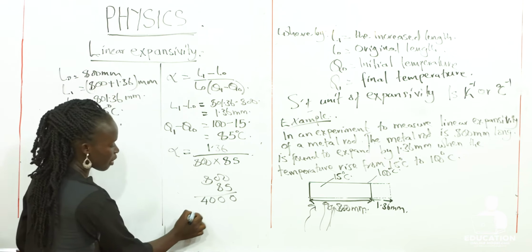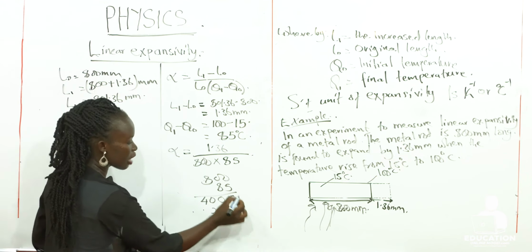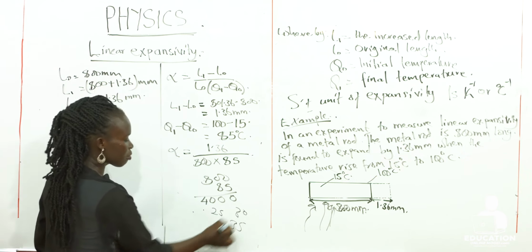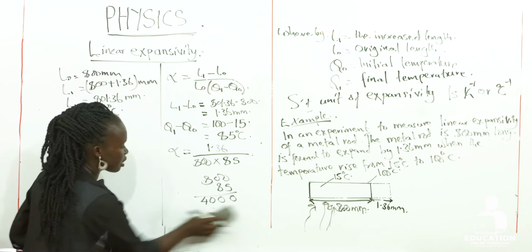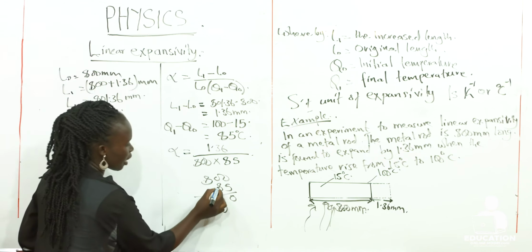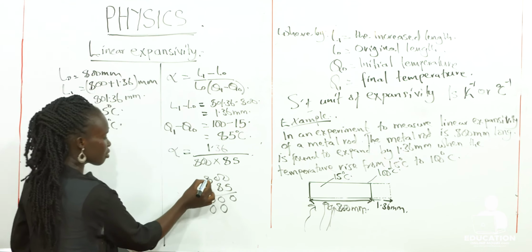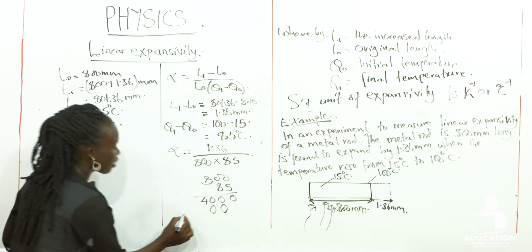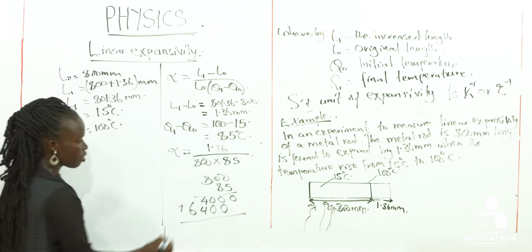Because if you take 5 times 5, that is 25. Times 6 is 30. Times 7 is 35. Times 8 will give you 40. So now we have 8. 8 times 0 will give us 0. 8 times 0 will give us again 0. 8 times 8 will give us 64.